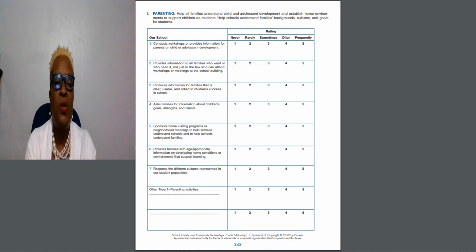So this measure was done with type 1 parenting, and each member had to score themselves from a range of 7 to a maximum of 35. On the next slide, you will see the average.